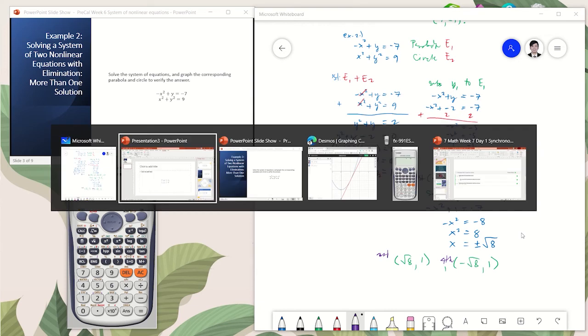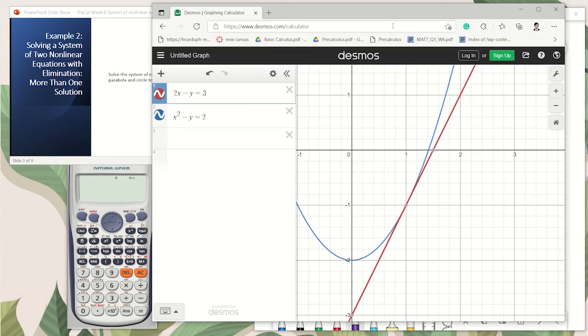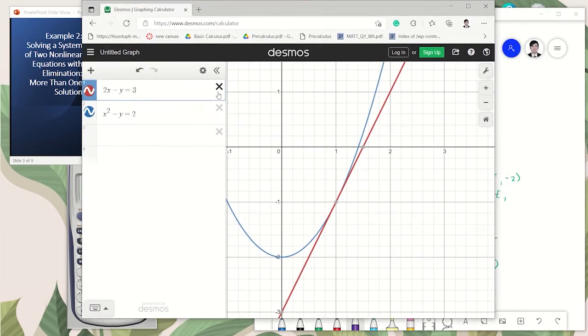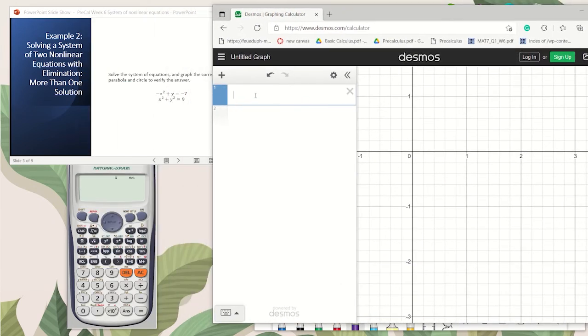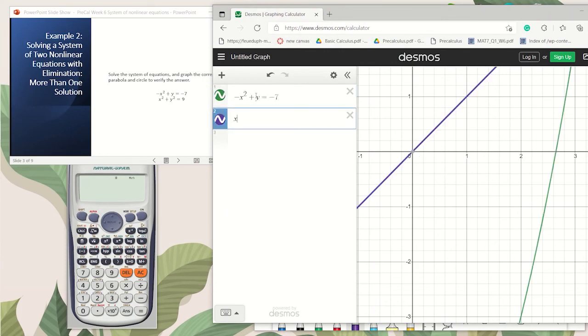So let's try to verify if what we did is really correct in our Desmos application. So our first equation again is negative x squared plus y is equal to negative 7. And then the other one is x squared plus y squared is equal to 9.